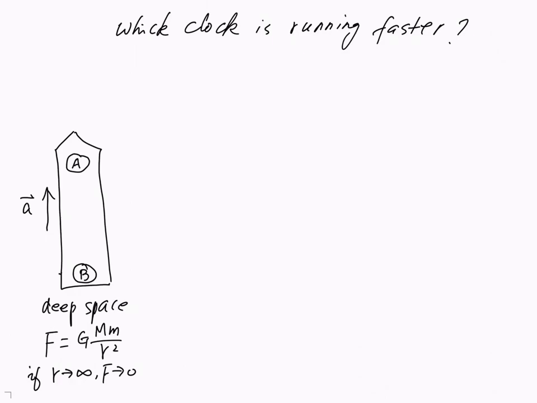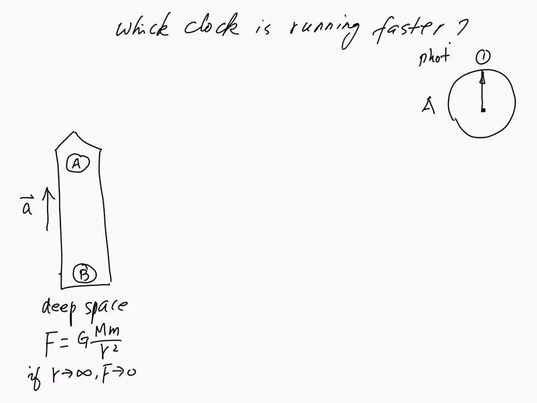Normally, we assume that at each tick of clock A, it emits a photon. So let's draw a big clock A here. At the beginning of 1 second, this clock emits a photon.